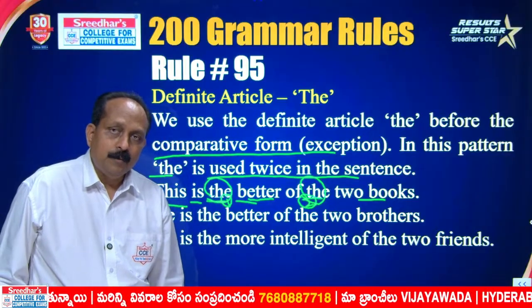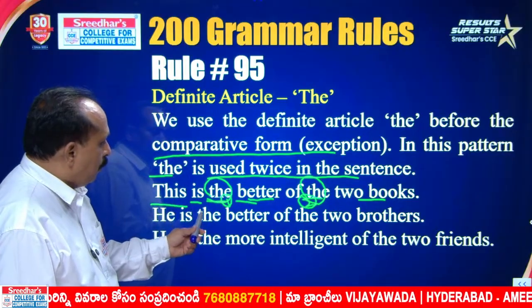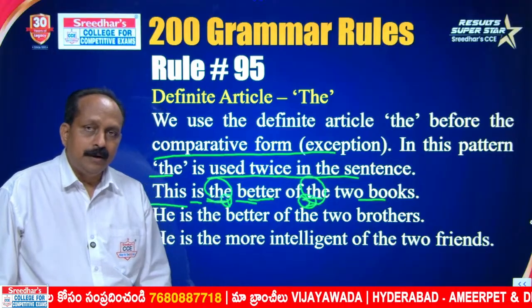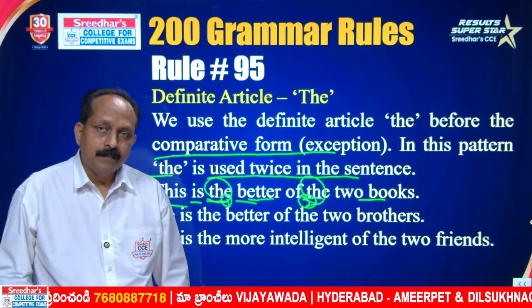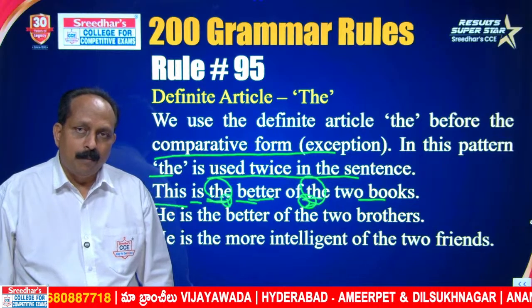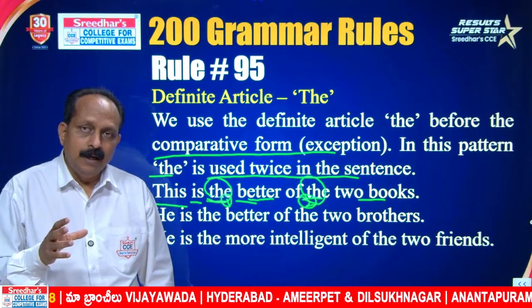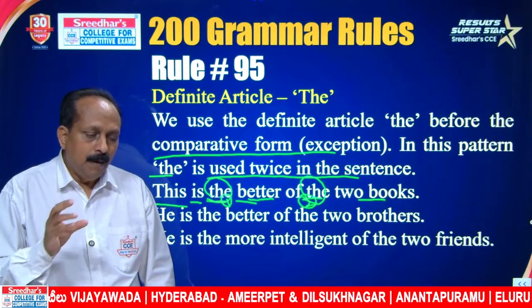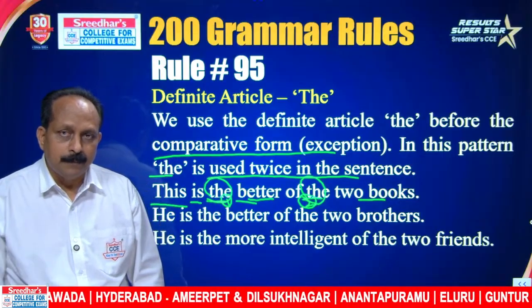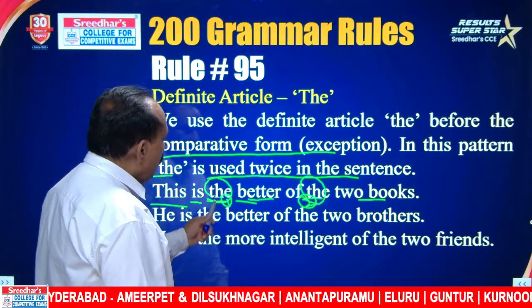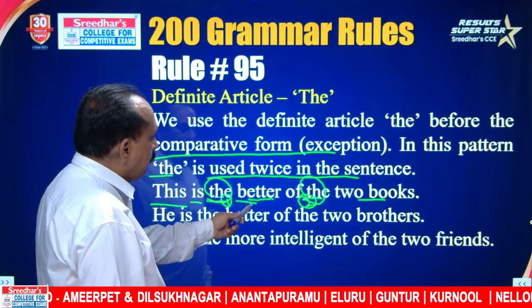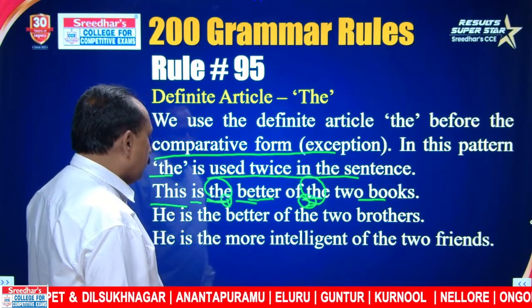A typical student will think this sentence is wrong because the student already has a fixed idea that the goes with the superlative form. The best, the tallest, the most intelligent. But in English, we have rules, we have exceptions. In this pattern, though the is there, we should use the comparative form of the adjective.